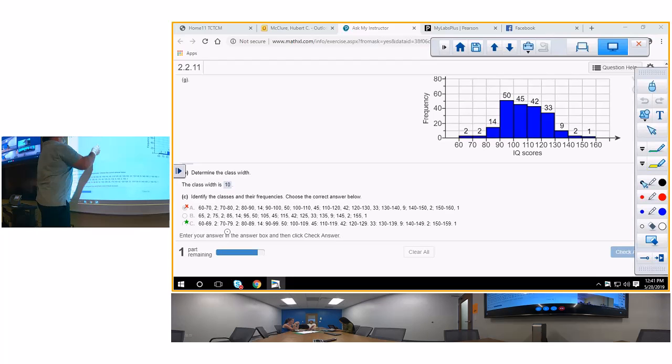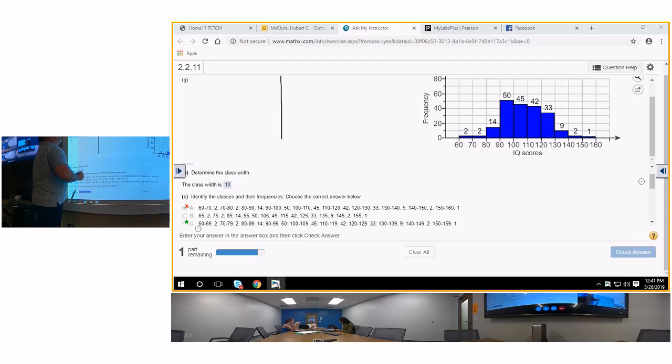The frequency distribution is going to be written like this. And it's going to have 60 to 69, 70 to 79, 80 to 89, 90 to 99, 100 to 109, 110 to 119, 120 to 129.